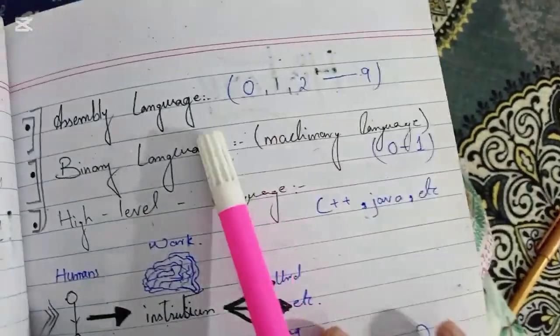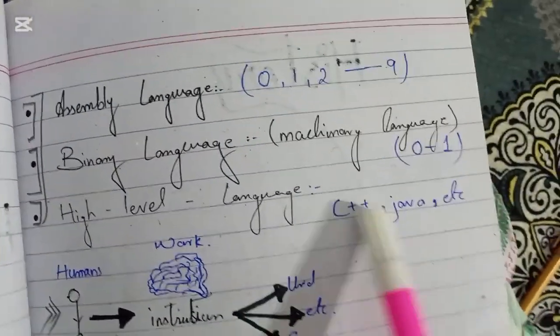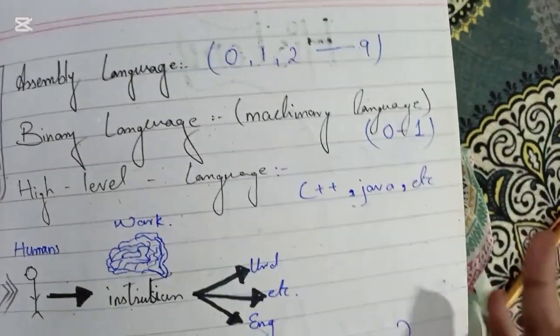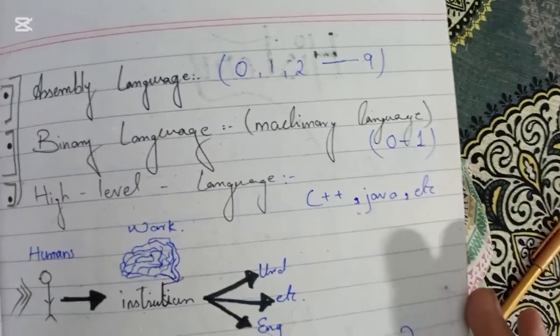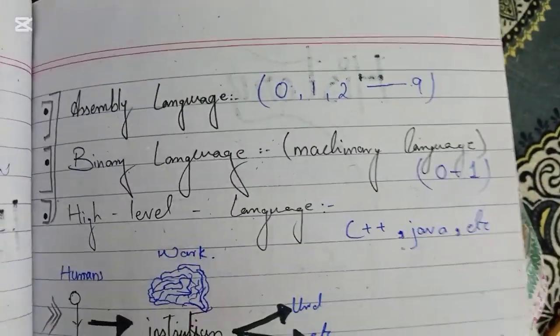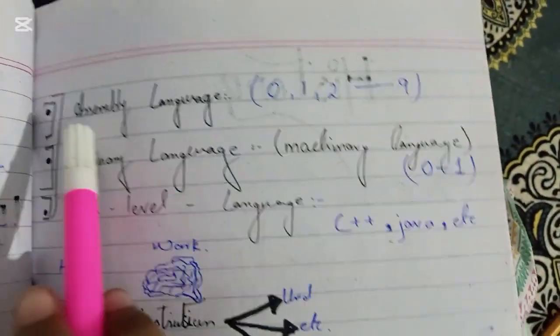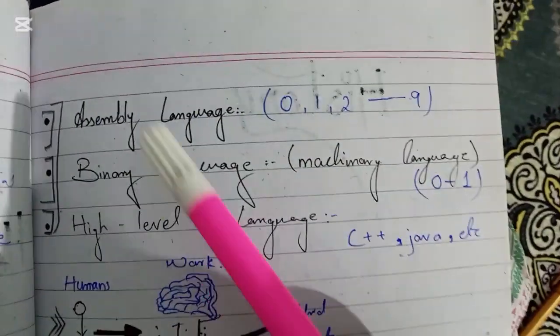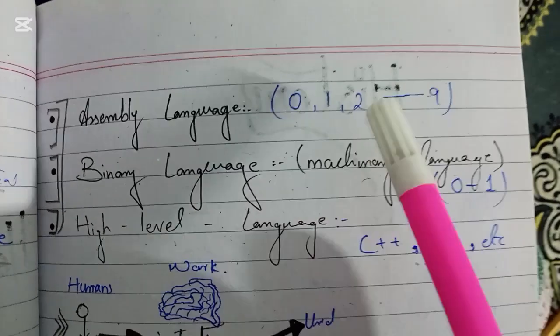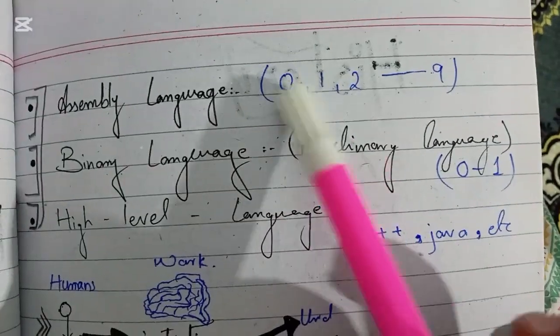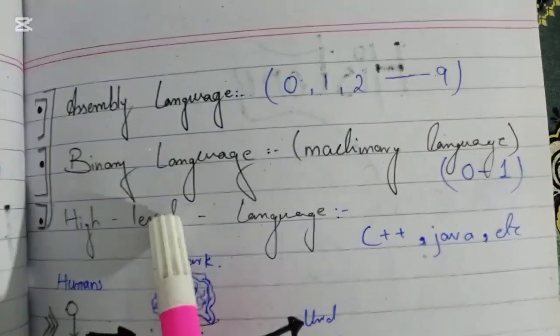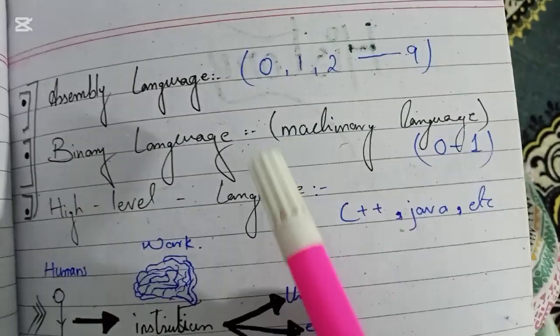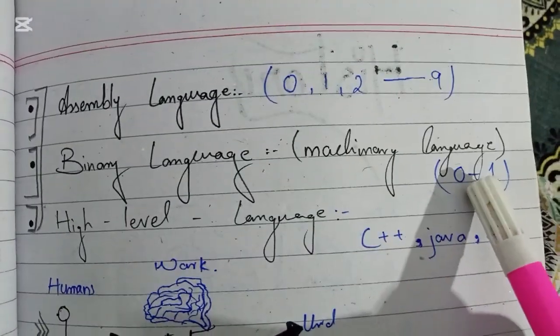Now we have three types of languages: assembly language, binary language, which is also known as machine language. Students, remember binary language. Assembly language is mainly understood by humans and includes 0 till 9.